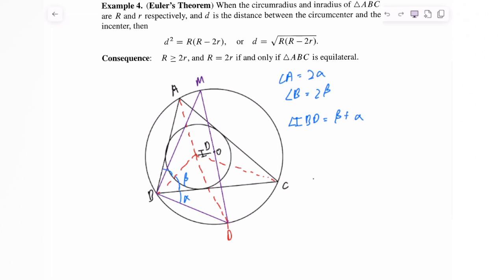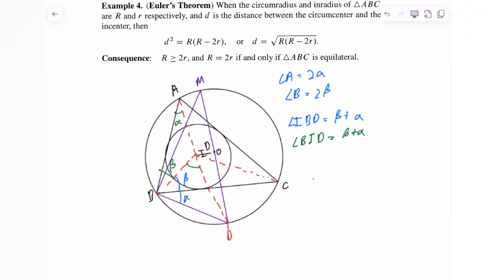Let me just use another color. This one is also beta, this one is also alpha. And which angle is equal to the two green angles added up together? It is this exterior angle, angle BID. So angle BID is also beta plus alpha.